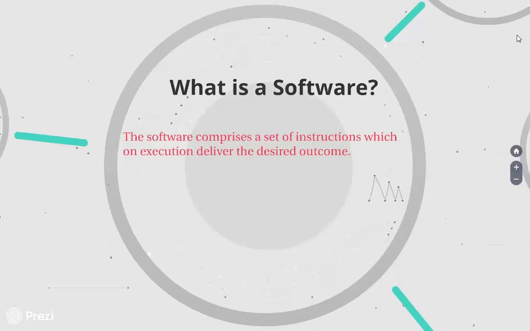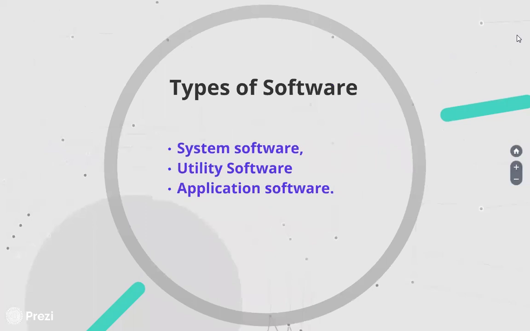So when we combine small programs and make a bigger one, that becomes a software which is doing more than one task. So what is software? Software is inside your system, which you cannot touch, but holds a very important position as it is the one which is running your hardware. Let's see what are the different types of software.